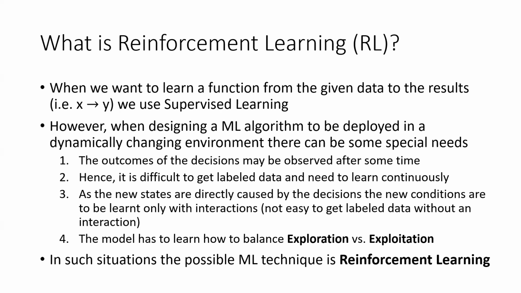Once you understand your environment and the people around you, which is the state, then you can decide what the action is, whether you should make jokes or not, depending on the social situation, right? In order to do that, you have to interact with the environment. So that is why we need reinforcement learning over supervised machine learning, right?